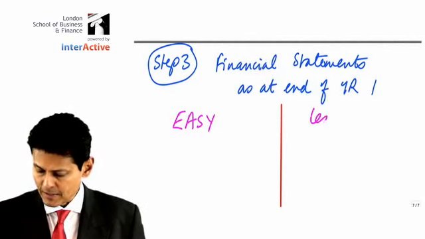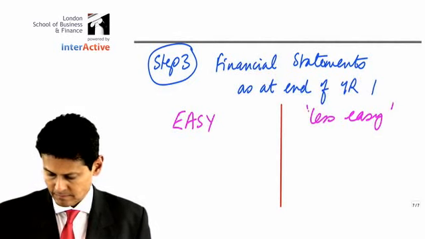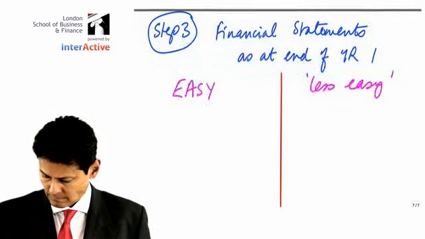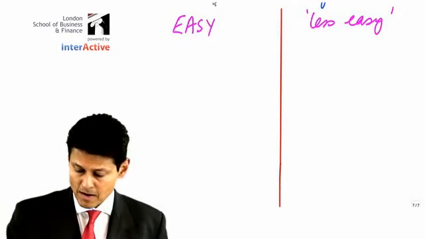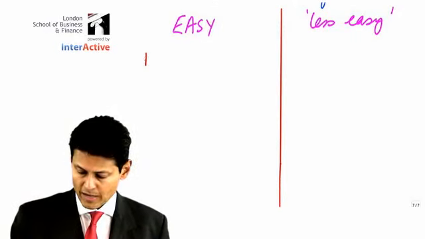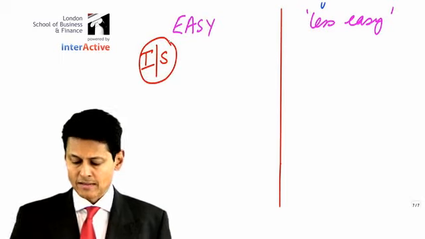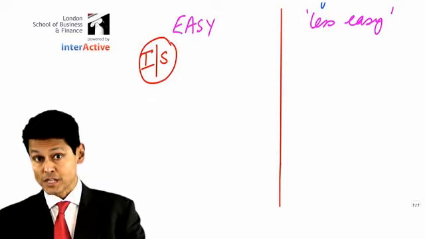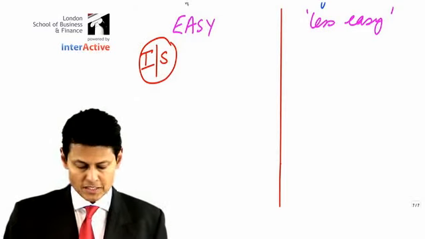And on the right, I'm going to say slightly less easy. Let's do the easy points, get the easy marks. Of course, we have the income statement and then the statement of financial position. The income statement is absolutely straightforward.